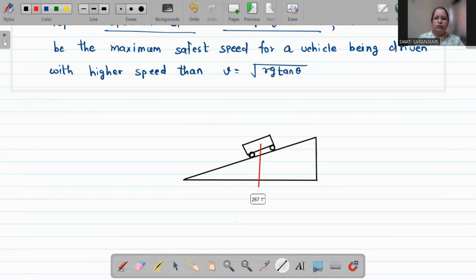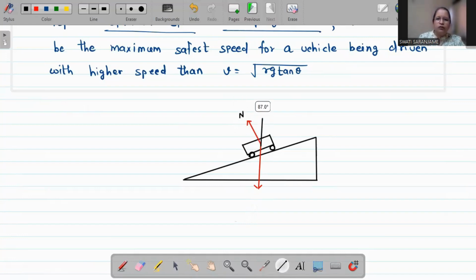As we know, mg, the weight of the car, always acts vertically downward. N is the normal reaction exerted by the road surface on the car. First, let us resolve this normal reaction into two components.